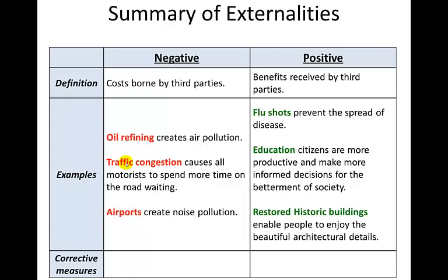You all, by going to college, are going to become better citizens, more informed, more productive, better neighbors, all of those things. People who have really nice lawns, etc. All these things are positive externalities. If we want to correct negative externalities, economists would suggest taxes or cap and trade. If you want to correct for positive externalities, economists would suggest subsidies.